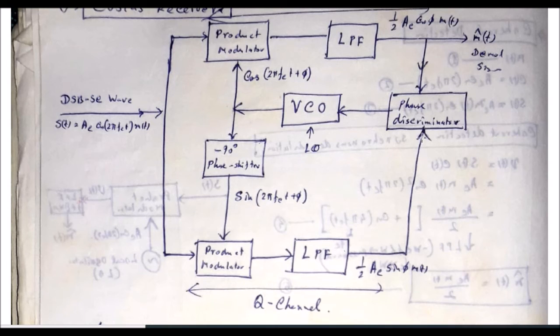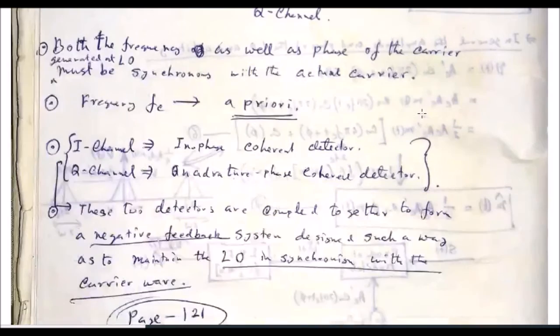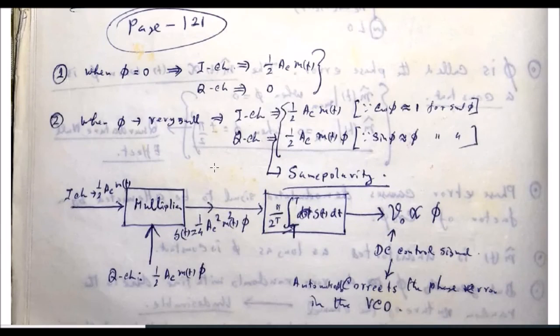Both of these two terms will be fed to a circuit which is known as the phase discriminator. What is a phase discriminator? It is a circuit just like this. See that generally the phi value, although it is time varying, is not very high.